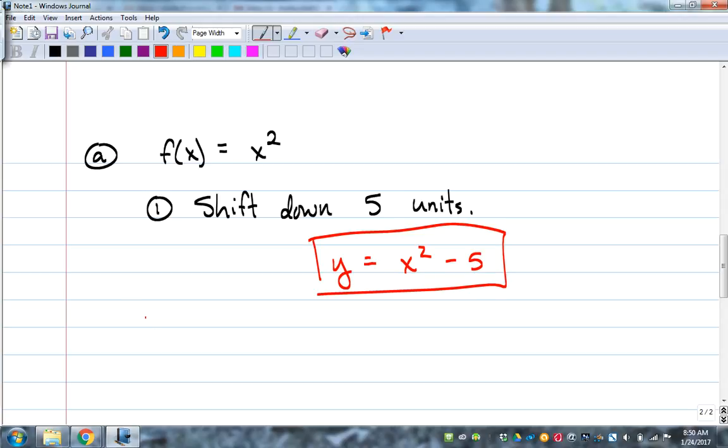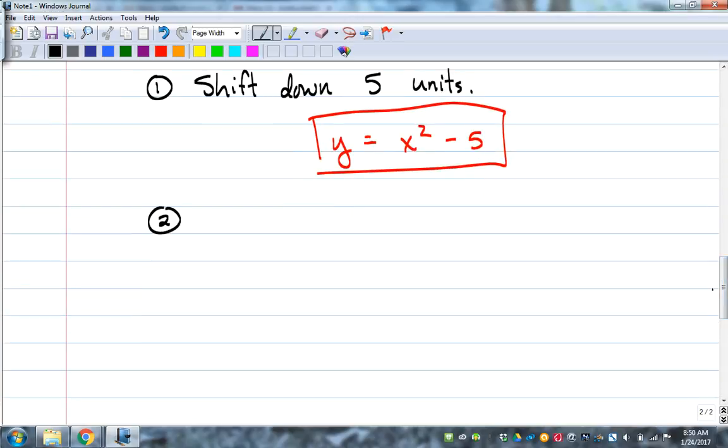Question 2. We're going back to the original. Each one of these is like a separate problem for that one function. We're going to shift left 2 units.